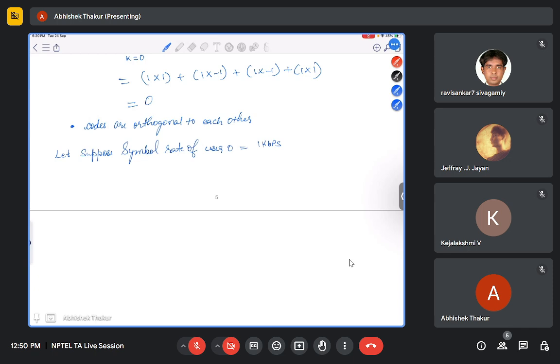So the time period will be 1 by 1 kilobit per second. It will be 10 to the power of minus 3 second, that is equal to 1 millisecond. And the bandwidth is 1 by T, that is 1 kilohertz.